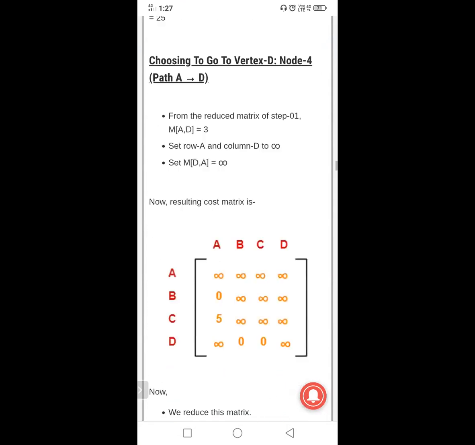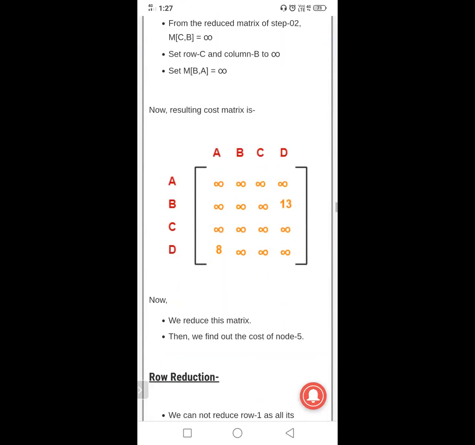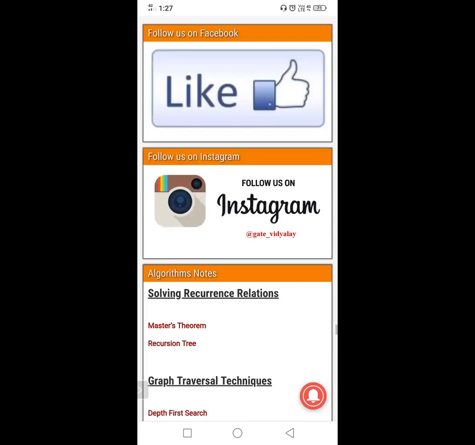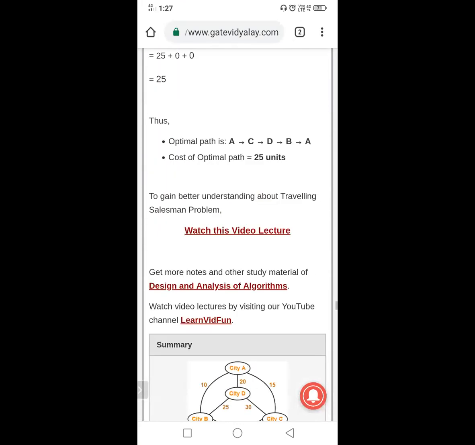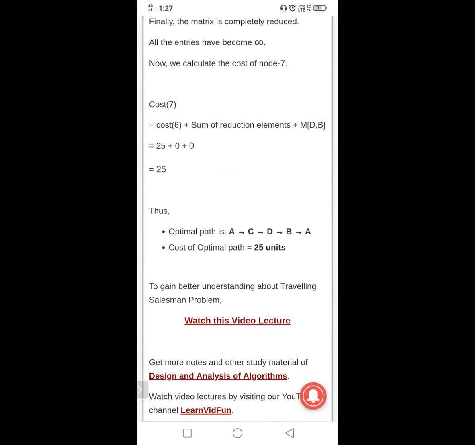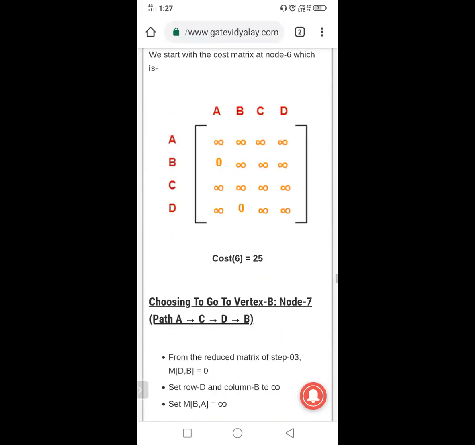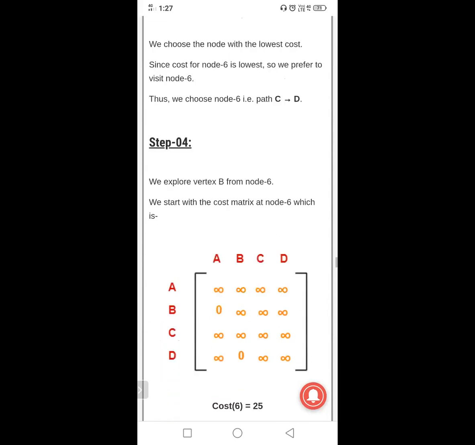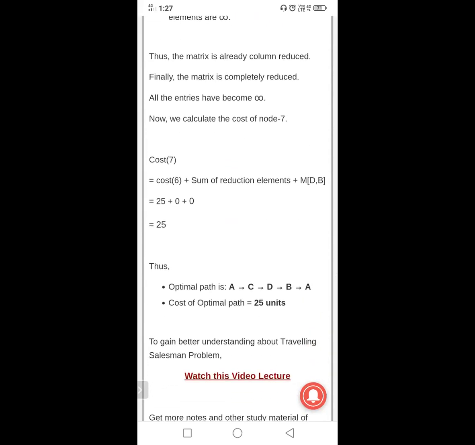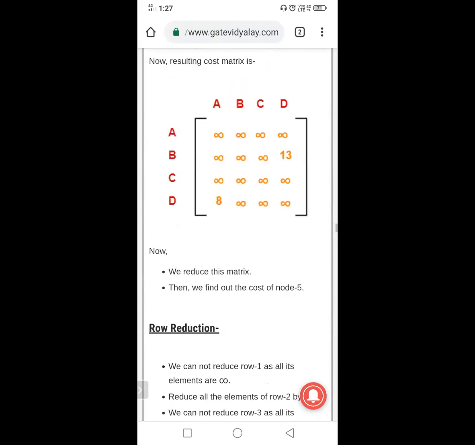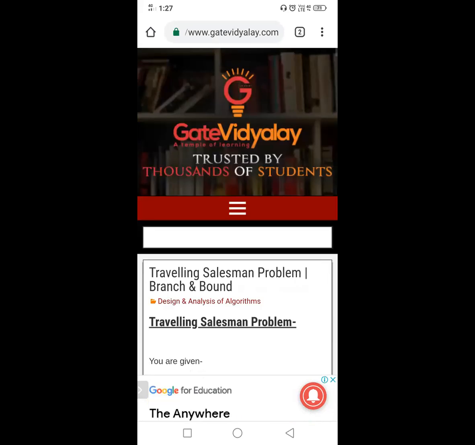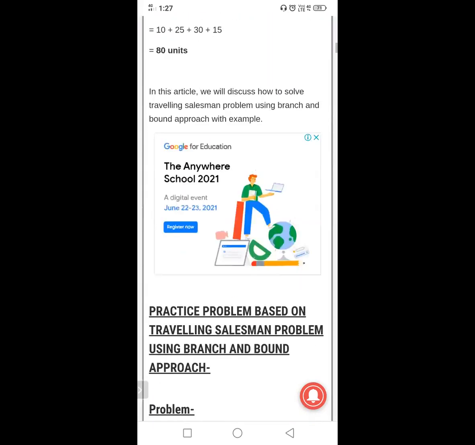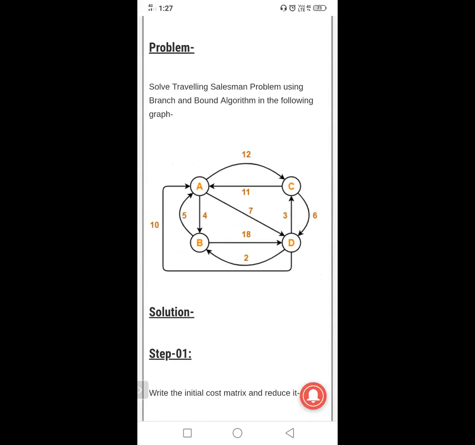Okay. So in this, see here, the optimal path is A to C, then C to D, then D to B, and B to A. So that is the optimal path for the given graph.